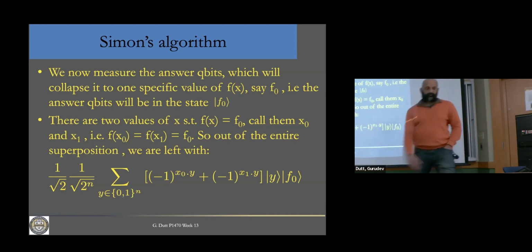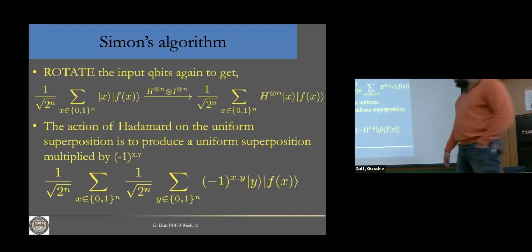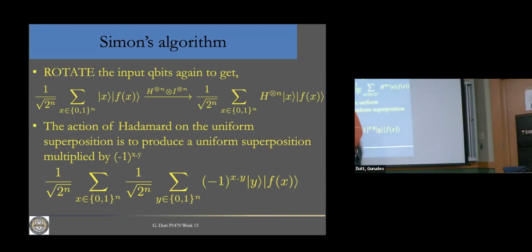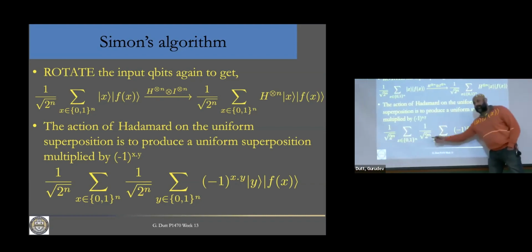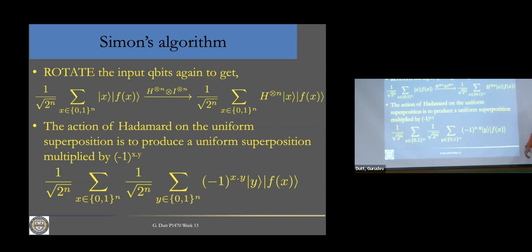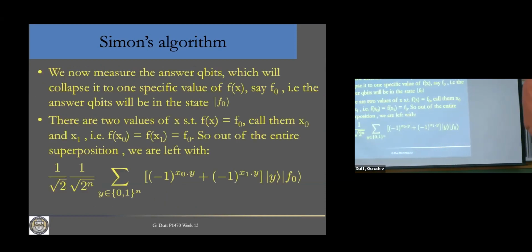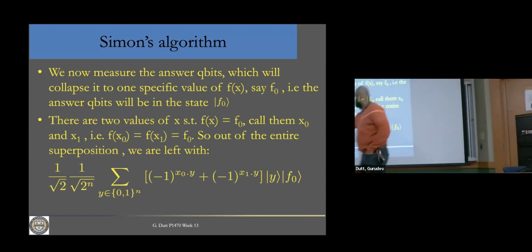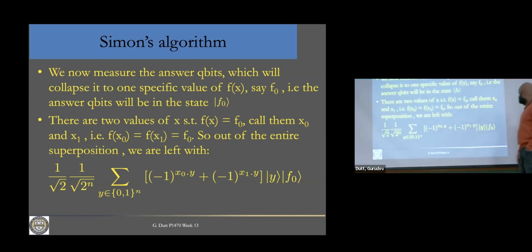And so if you look one step ago here, there was a 1 over square root of 2 to the n over here, because that covers all the possible superpositions X that give me this answer. But now out of all of those, only two of them will be left, and that makes it go down to square root of 2. And then we have this -1 to the x naught dot y and -1 to the x1 dot y.